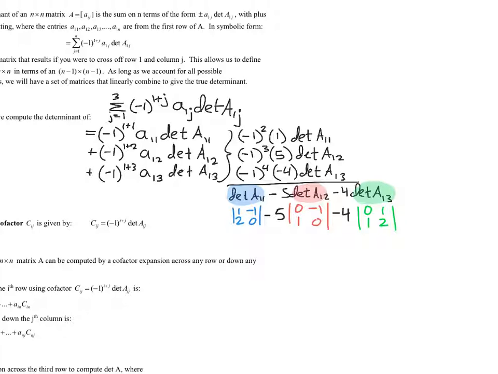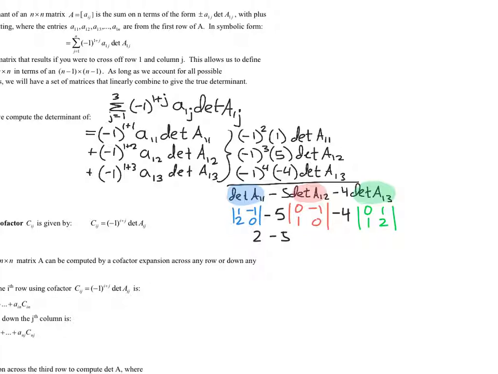So for this, you could go one of 2 ways. Do it again using the expansion technique, which I think is overkill, because we know in a 2 by 2 square matrix, it's just diagonal down minus diagonal up. All right, so 0 minus -2, so 0 plus 2 is 2. Minus 5.